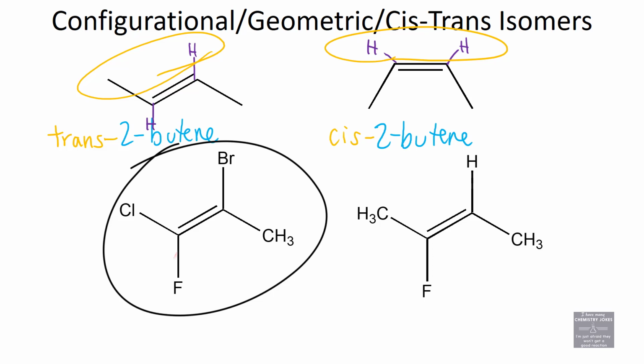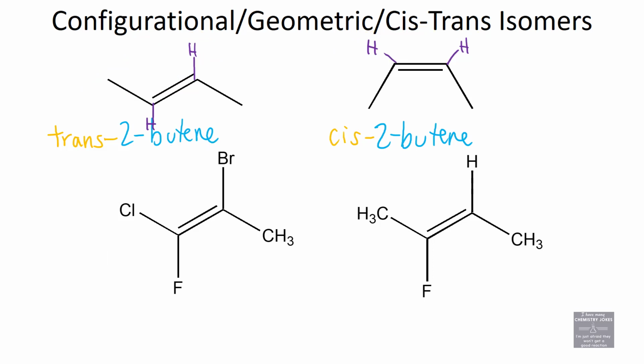So what do I do? That's where the EZ system comes in to assist. The EZ system says, look at the two groups connected to your alkene and assign priorities to them. So in this top example, I've got a carbon and a hydrogen.